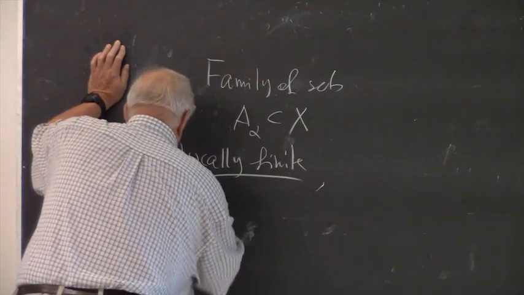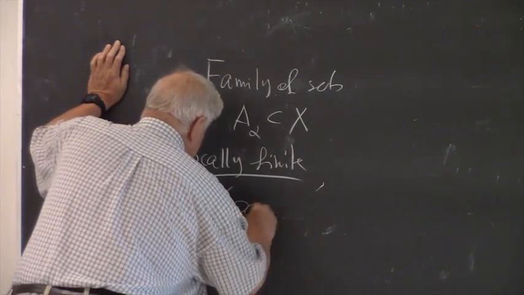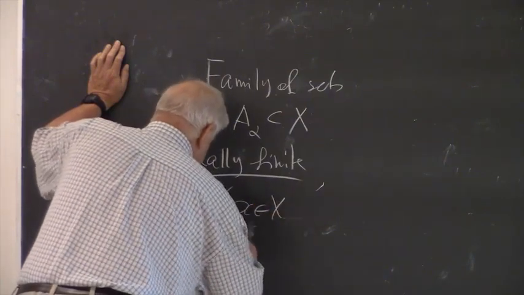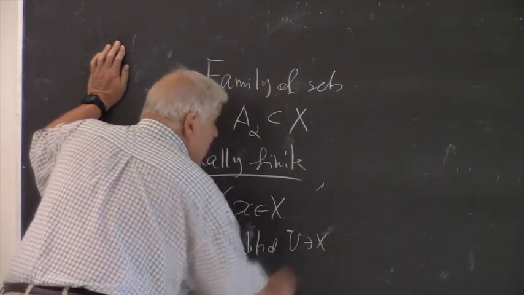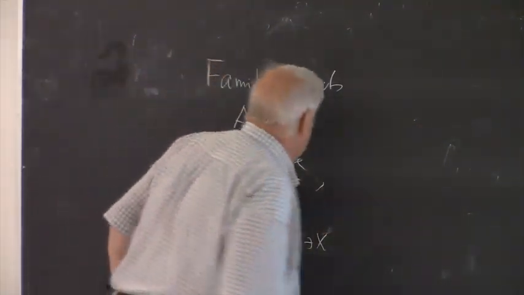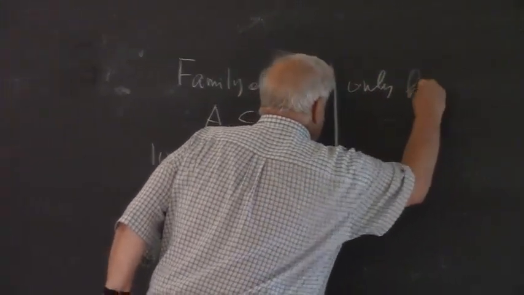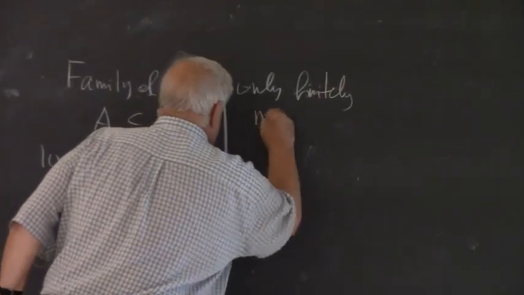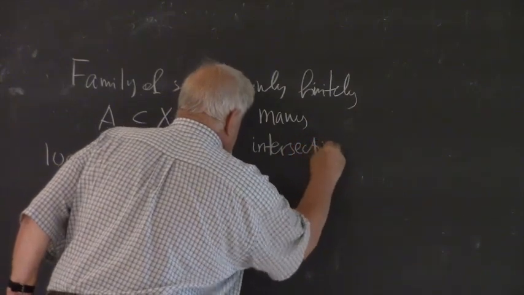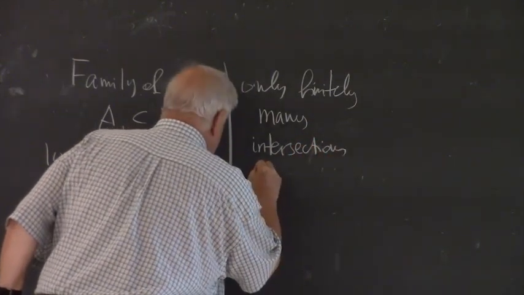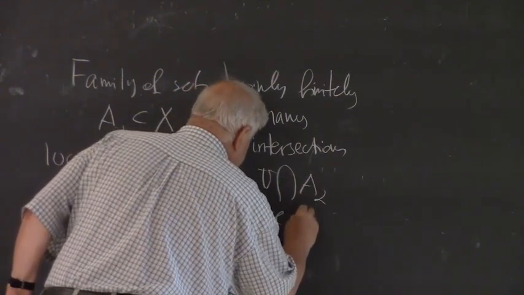if for every point x in X there exists a neighborhood U such that only finitely many intersections of U with A alpha are non-empty.